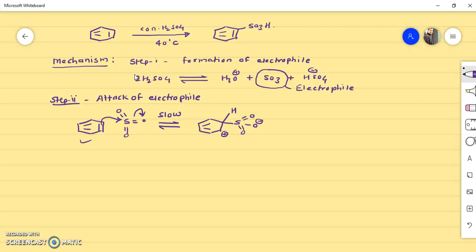Now this intermediate is resonance stabilized. So if this bond is shifted here, then this positive charge will be distributed over the other carbon in this way. So here there is a positive charge. Now here is a double bond, here is a double bond, this hydrogen as it is, this sulfur with this oxygen as it is.